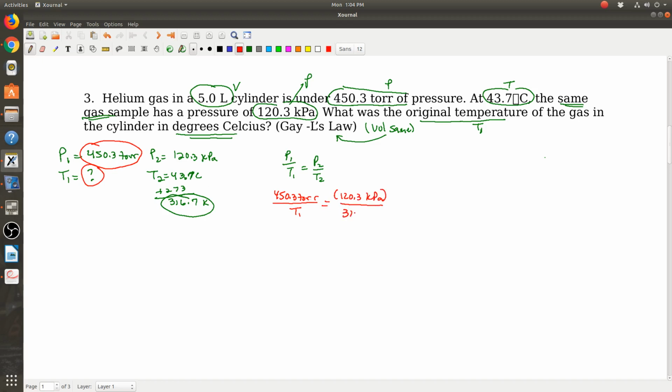And T2 is 316.7 kelvins. Okay, we got to solve by cross multiplying again. So T1 times 120.3 kilopascals equals 450.3 torr times, because I'm doing it this way, 316.7 kelvins. All right, now we're going to divide by 120.3 kilopascals.